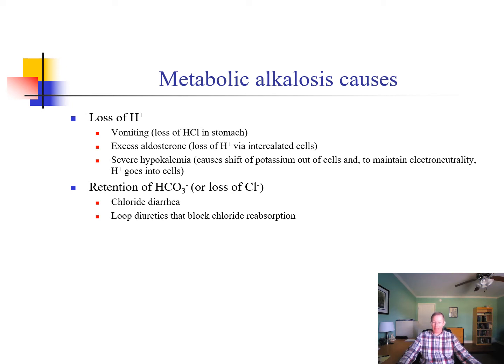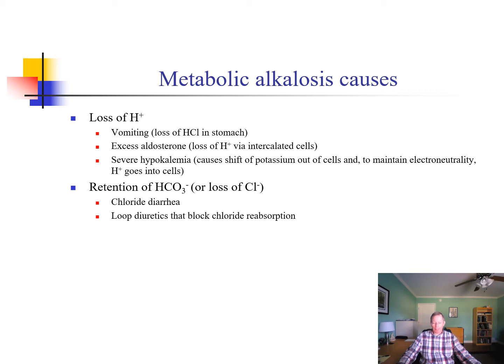I can retain bicarbonate also and lead to metabolic alkalosis. Chloride diarrheas, that is, if I lose a lot of chloride, such as in cholera, that will cause retention of bicarbonate. This is in contrast to the non-anion gap metabolic acidosis diarrheal states, which tend to lose bicarbonate.